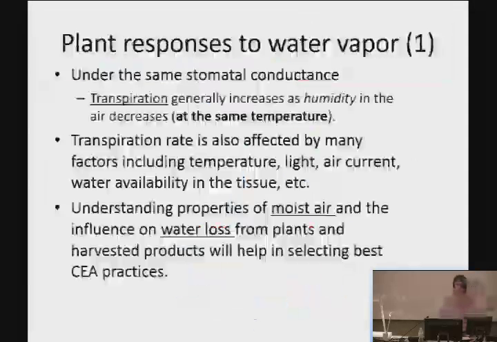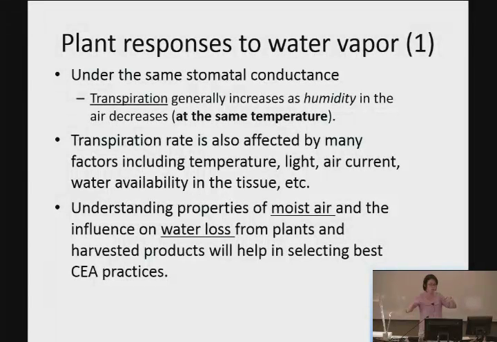Okay, so plant response to water vapor. When stomata are open, and that means at the same stomatal conductance, transpiration is usually affected by humidity in the air. Sorry, the other way.